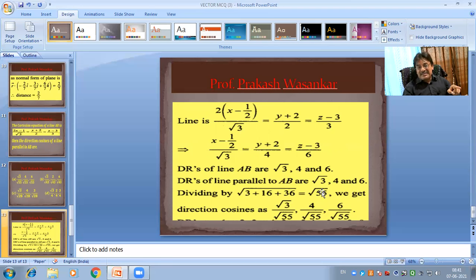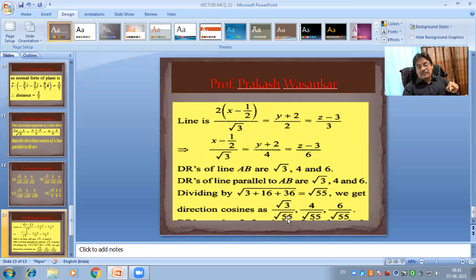Therefore the DCs are root 3 upon root of 3 square plus 4 square plus 6 square. So root 3 upon under root of 3 square, that is 3, 4 square, that is 16, then 6 square, that is 36. So 36 plus 3 is 39, 39 plus 16 is 55, that is root 55.